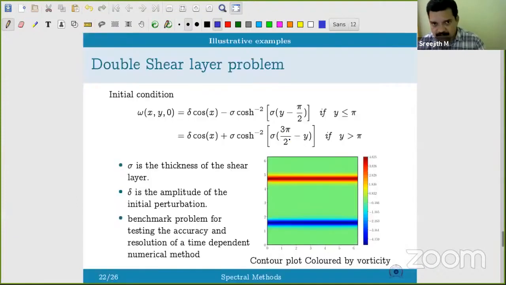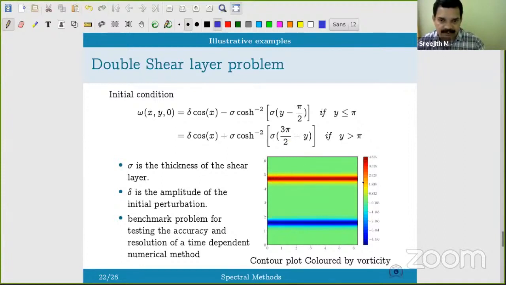Now another example is that of a double shear layer. That means we have a solution procedure there. If you change the initial condition, you have a double shear layer.